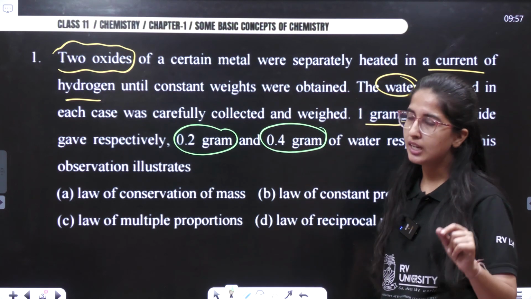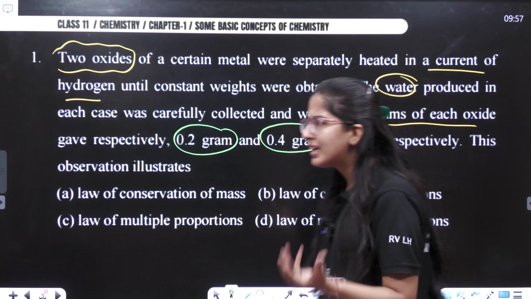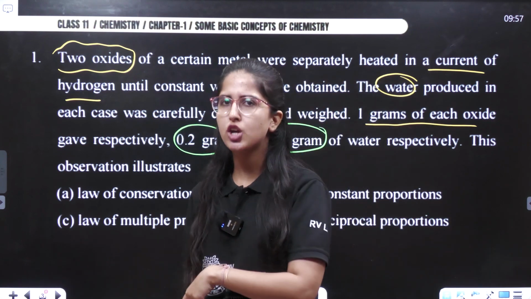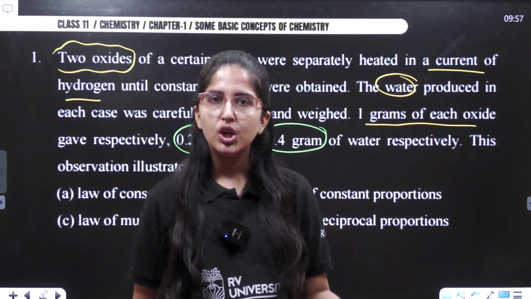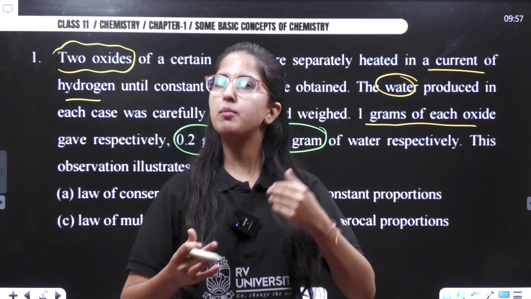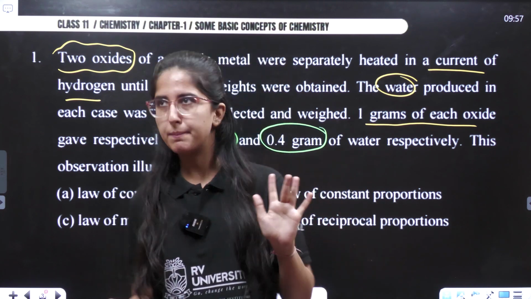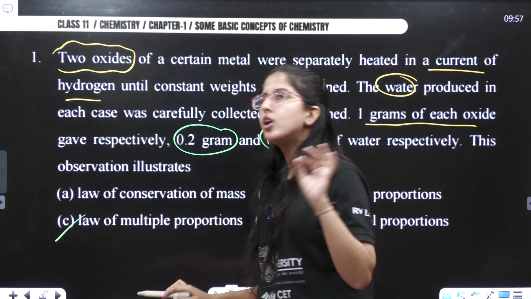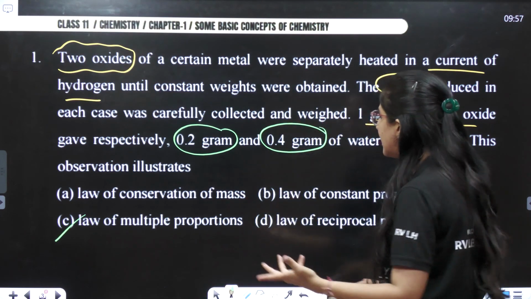So what does it illustrate? If two oxides are present, each contains metal and oxygen, so there will be different ratios. So it will simply be the law of multiple proportions. But if we want to calculate the proportions, you can easily do that.